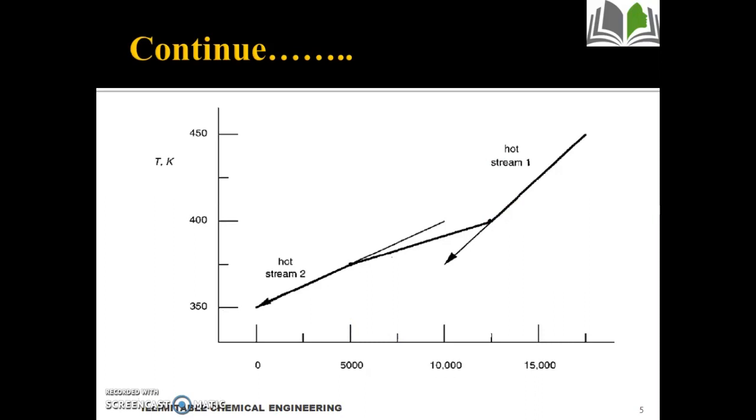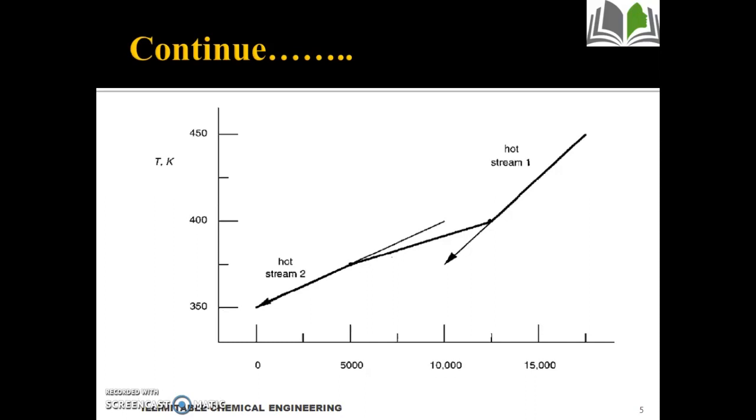Therefore, the horizontal distance is from where stream 1 is at 400 Kelvin to where stream 2 is at 375 Kelvin, right? Since the plot for the combined stream is straight, we connect these two points, and they merge these streams in this common temperature range.